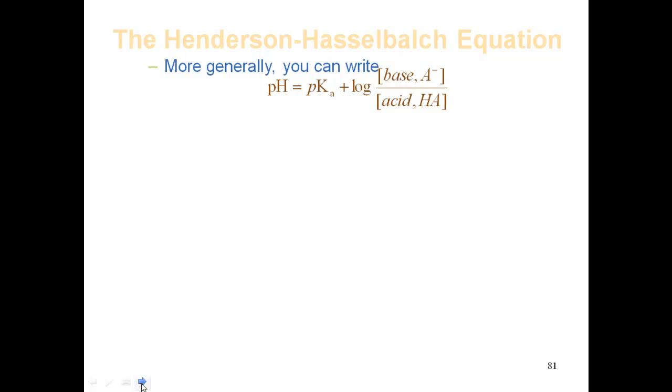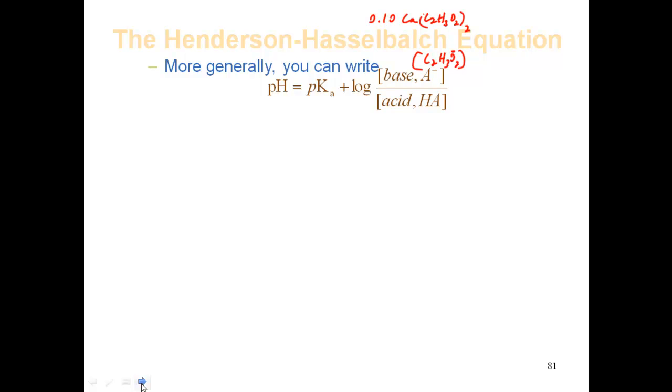Now, one thing I want you to keep in mind is that it is the total concentration of your base. Say I had a concentration of 0.1 molarity of calcium acetate, and I'm trying to plug in my acetate concentration into this formula.